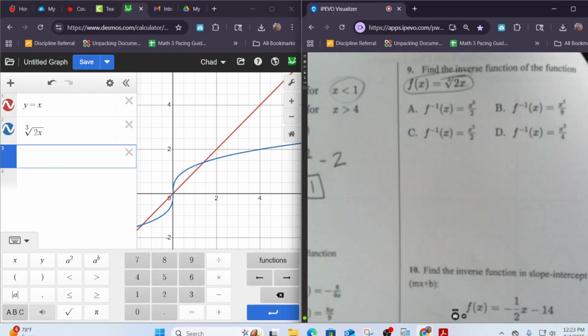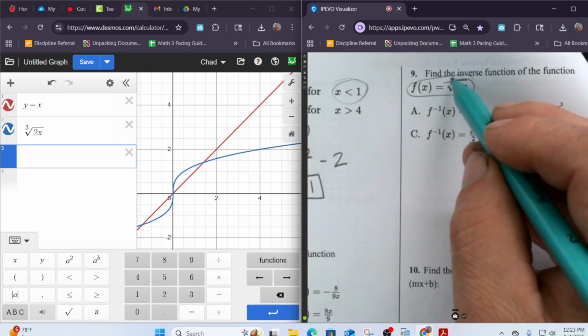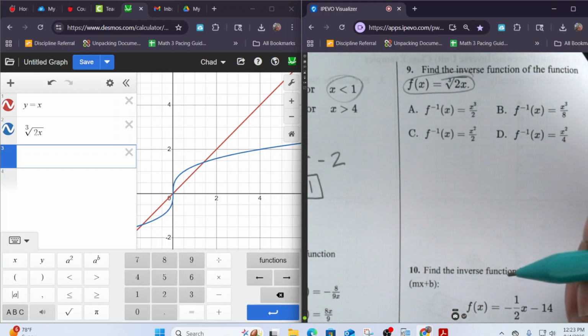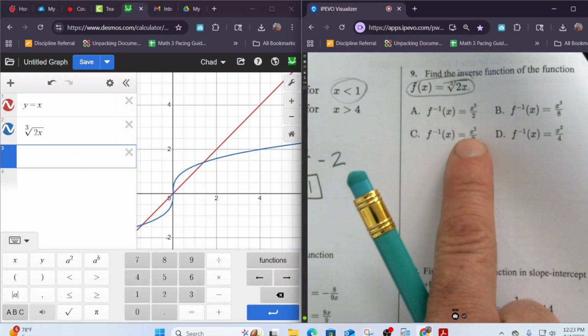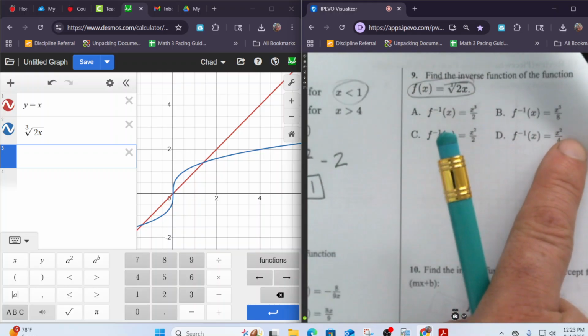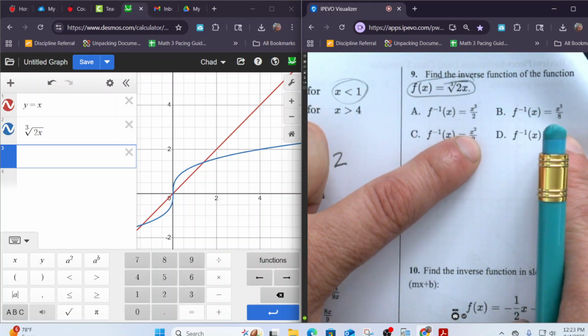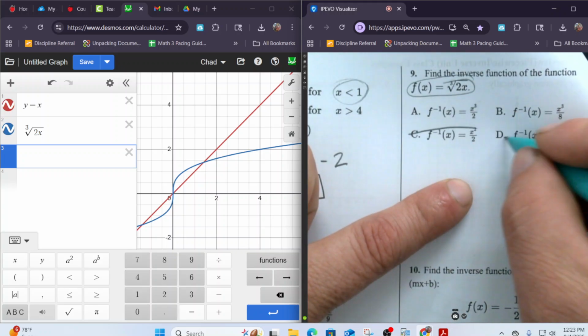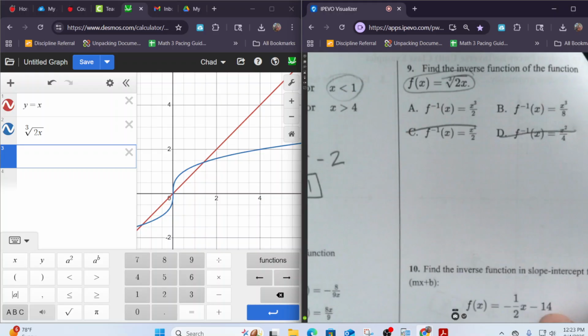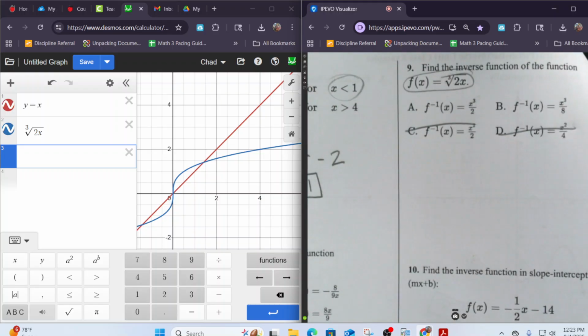I know that's not going to work because this root and this power are going to have to be the same. If you got a 3 here, you're not going to have a 2 in your answer as a power. So that's process of elimination. Now it's got to be one of these answers, A or B.